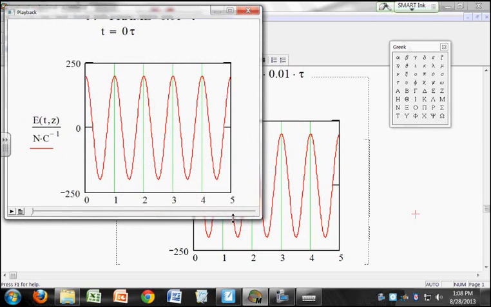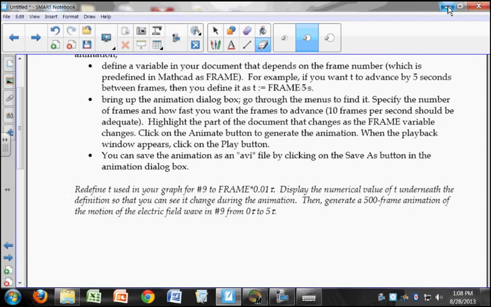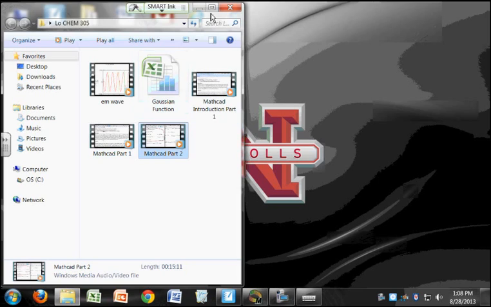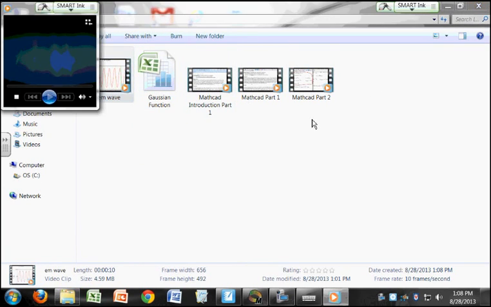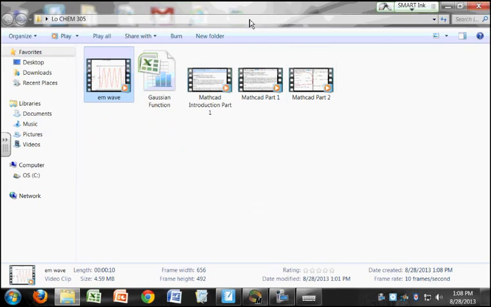Hit save. Okay, so now when you get out of Mathcad, if you go to that folder, there's the EMWave file. It will just play it right there. And then you can send that up to YouTube.